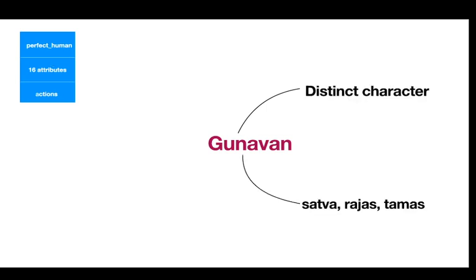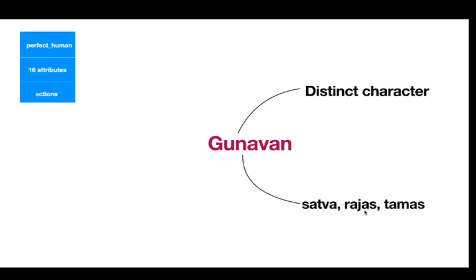And also, in Indian philosophy, there are three strains of gunas which are identified. They are very popular, and most of you would know them as sattva, rajas, and tamas. It is a misconception that an individual can have only one of these gunas.